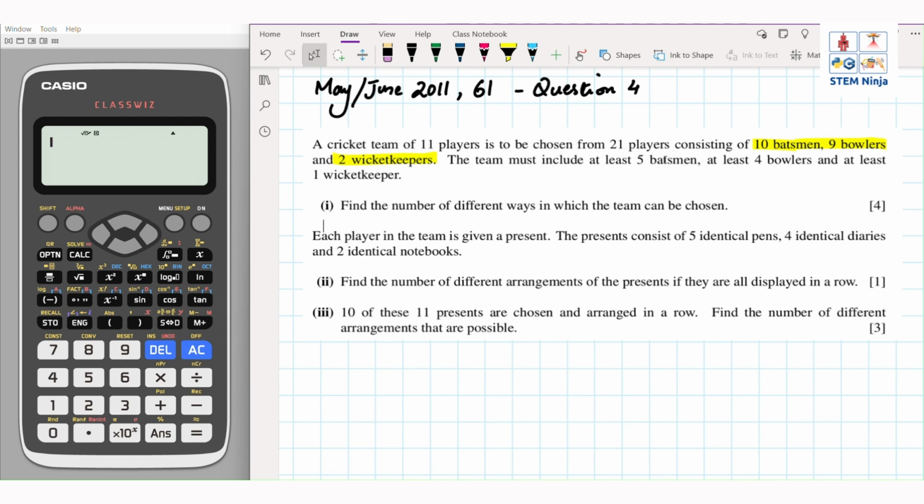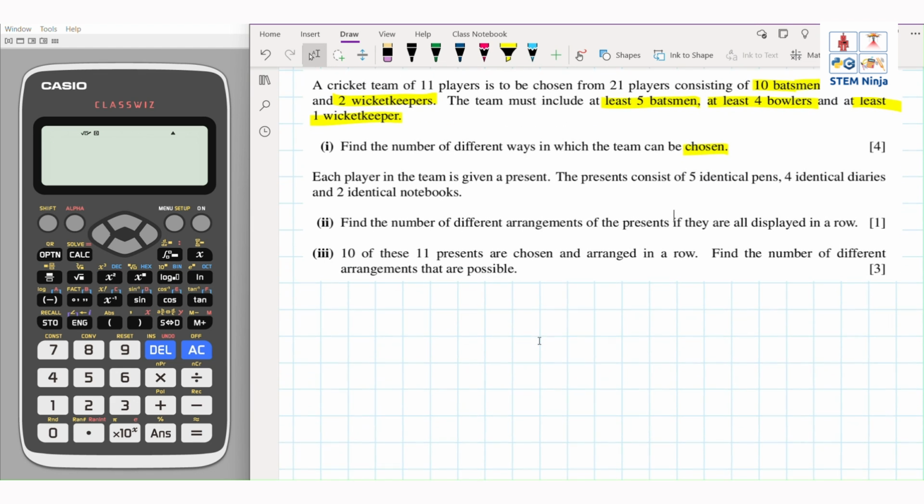The team must include at least 5 batsmen, at least 4 bowlers, and at least 1 wicketkeeper. Find the number of different ways in which the team can be chosen. Chosen means this is a combination problem, not a permutation problem.